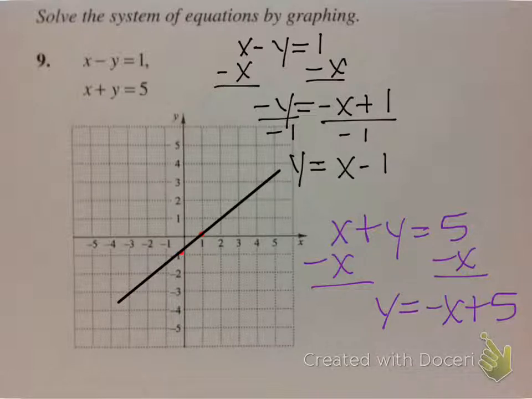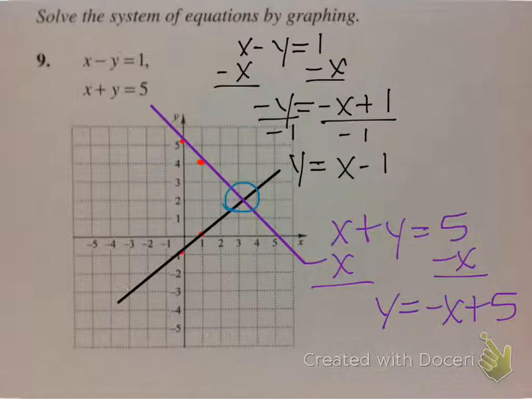And now I'm going to graph my other line. My y-intercept is positive 5. And my slope this time is negative 1, so I have to go down 1, right 1. And now I'm going to draw that line. Okay. Now I have to look for the intersection point.